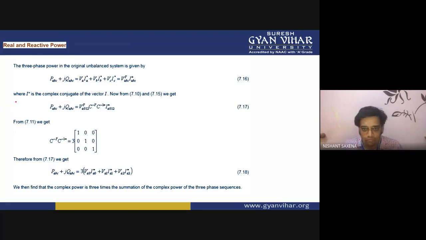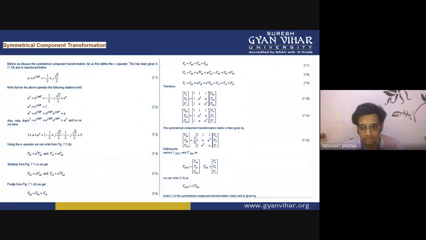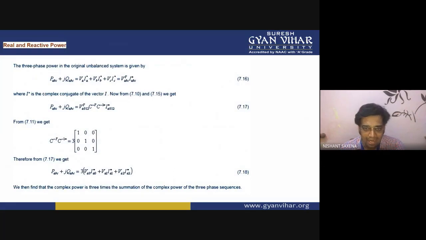You can see VA, VB, VC have different magnitudes and they don't differ by an angle of 120 degrees. So this is an unbalanced system. This has to be resolved into the symmetrical components, and let's find out what the symmetrical components will be.